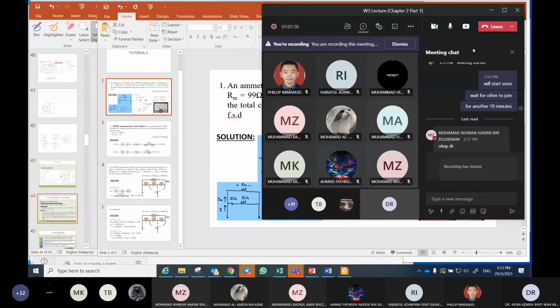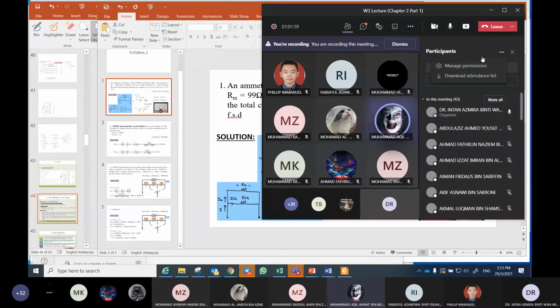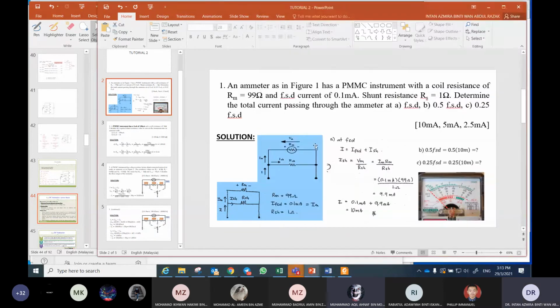Doctor, I have one question. The potentiometer, we learn by ourselves? You can learn by yourself, but usually if I do not cover that subtopic, it means it is not that important. Will it come in the exam?